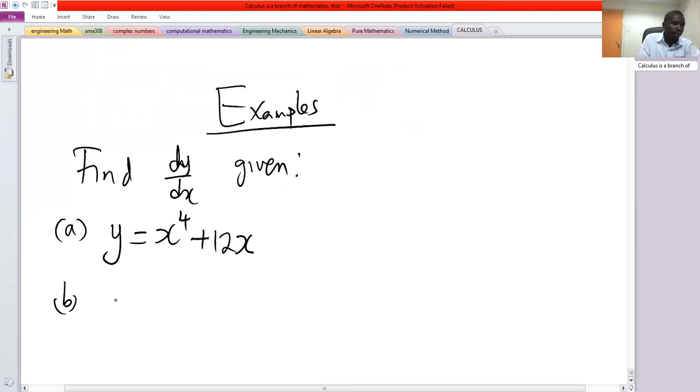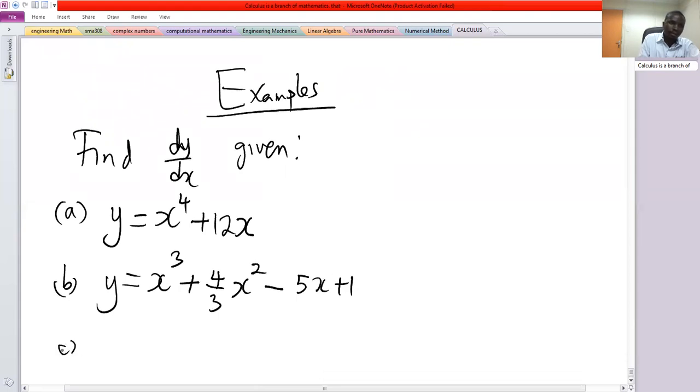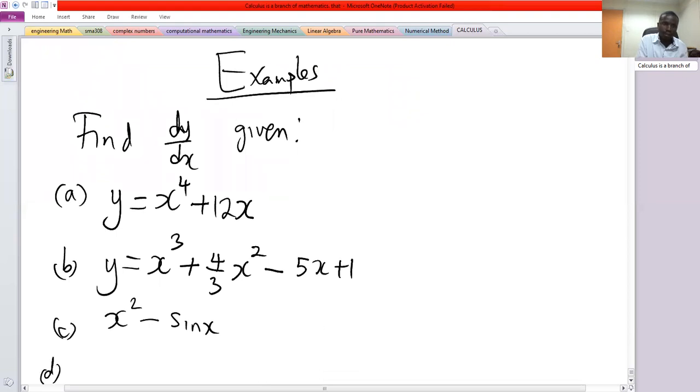And then b, y is x to the power 3 plus 4/3 x squared minus 5x plus 1. c, y is x squared minus sine x. And d, y equals 5 e to the power x plus cosine of x.